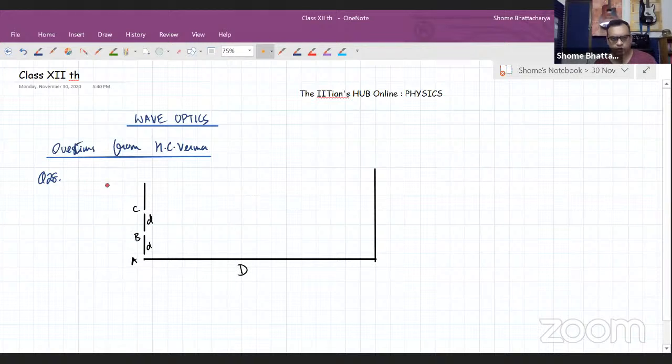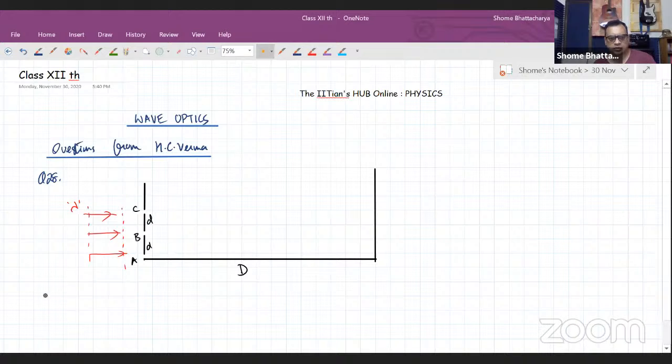Now there is monochromatic coherent light incident on the three slits, presumably coming from another single slit, okay, which is illuminated by a monochromatic source very far away. Okay.